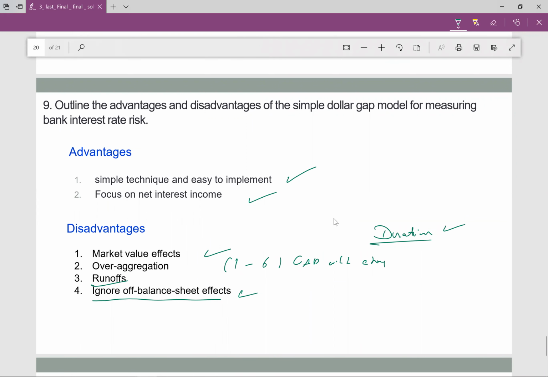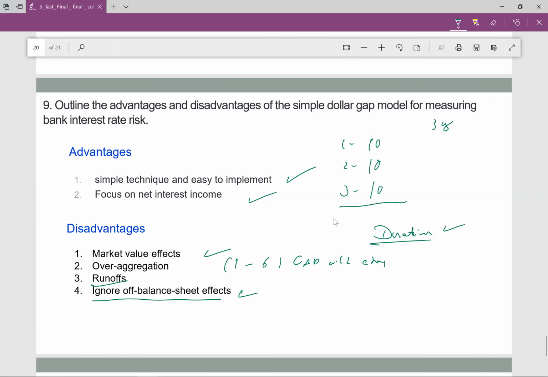I explained this very clearly on the slide. Yeah, but I will explain it to you again. Look, if we have a loan of 3 years, with payments of 10,000, 10,000, 10,000 in year 1, year 2, year 3, the repricing gap will say this loan is 3 years.